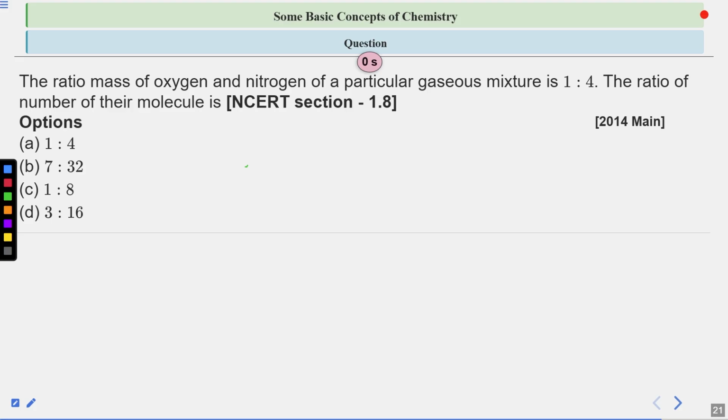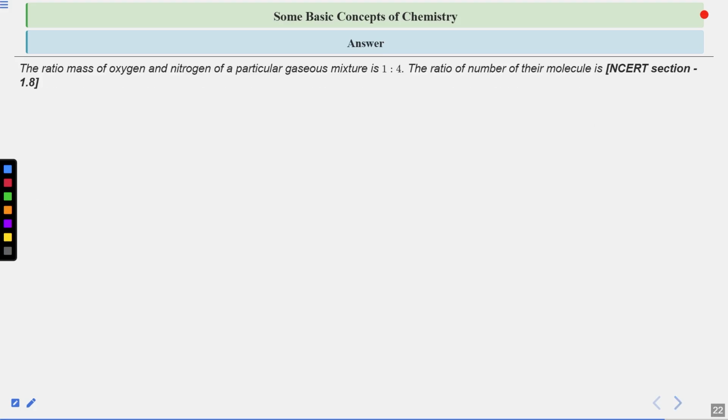Okay, now let us look at the solution. The correct answer will be B, which is 7:32. How will we solve it?